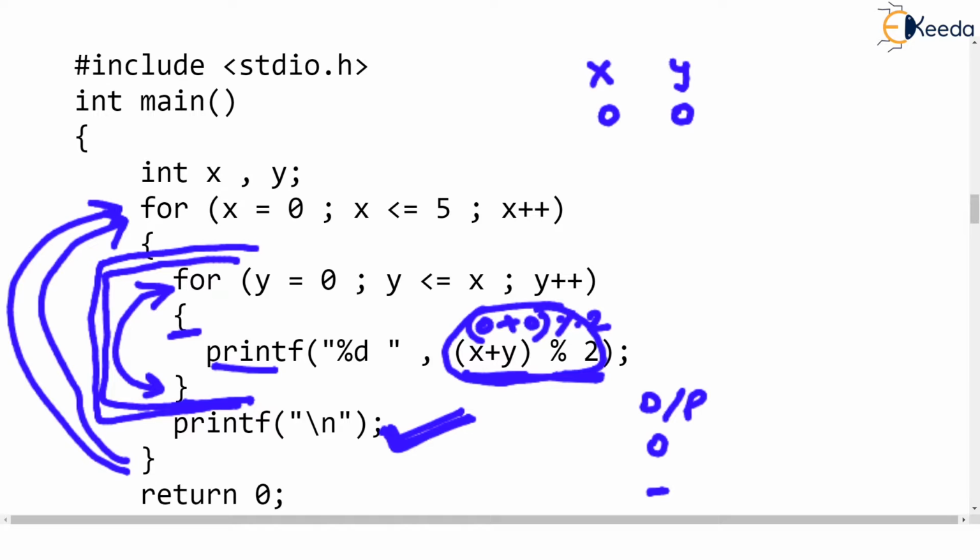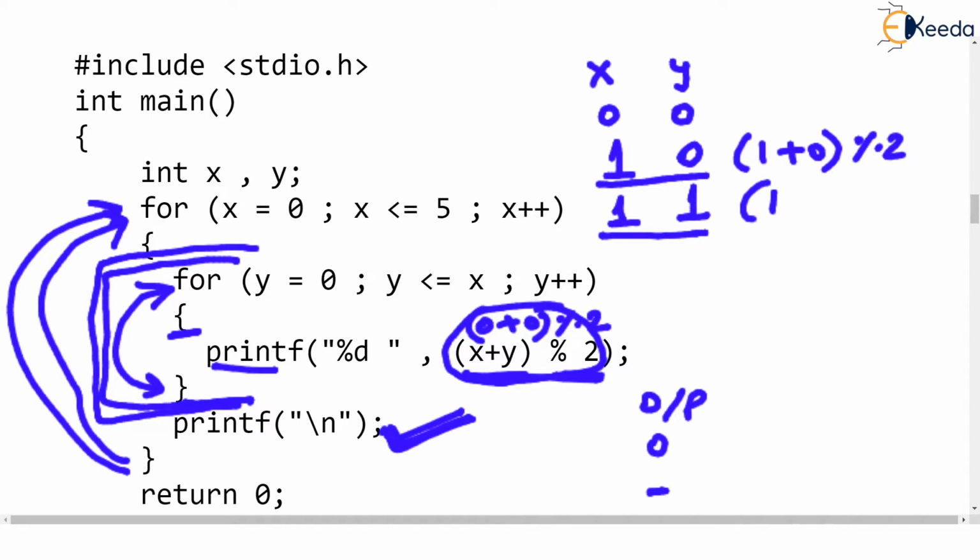Now what will happen when x is 1 next time? In the for, the inner loop y will count as 0 and 1 because y goes from 0 to x. And for each of these x and y, we are printing x plus y percent 2. Here again, x plus y percent 2. Now this is 1 % 2 and 1 % 2 is 1.